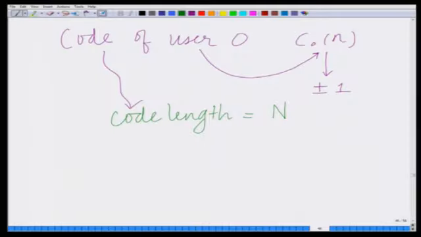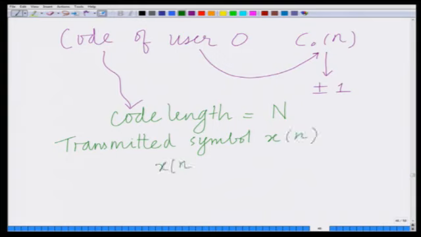Alright. Now let us look at the bit error rate performance of this system. Now we know that the transmitted symbol xn is equal to A0 times C0 of n, that is, the symbol multiplied with the code.